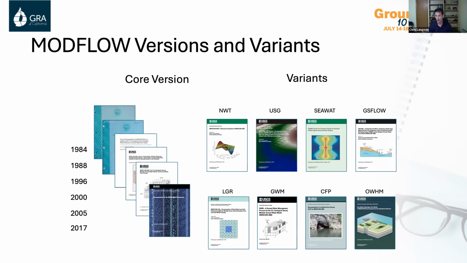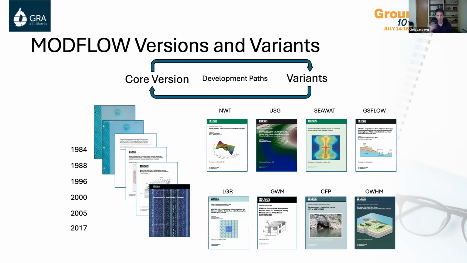SEAWAT is a program I worked on when I first started at the USGS. It's a combination of MODFLOW and MT3D for variable density flow and transport. I know many people in California in particular use GSFLOW, and there's just a wide variety: LGR, the Groundwater Management version of MODFLOW, the Conduit Flow Process, MODFLOW-OWHM, and so forth.